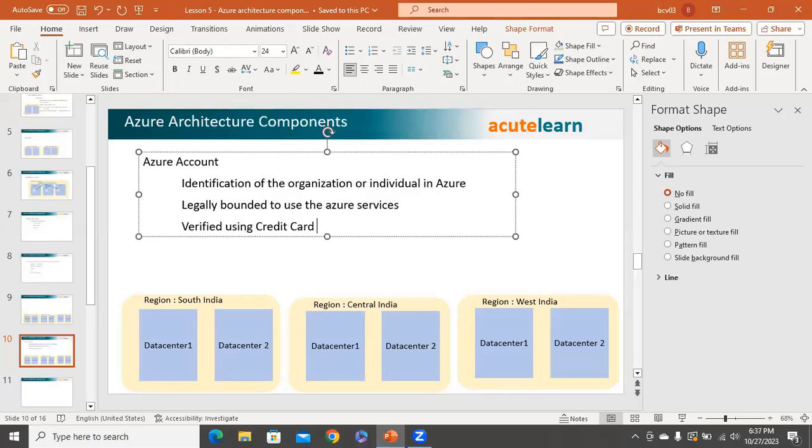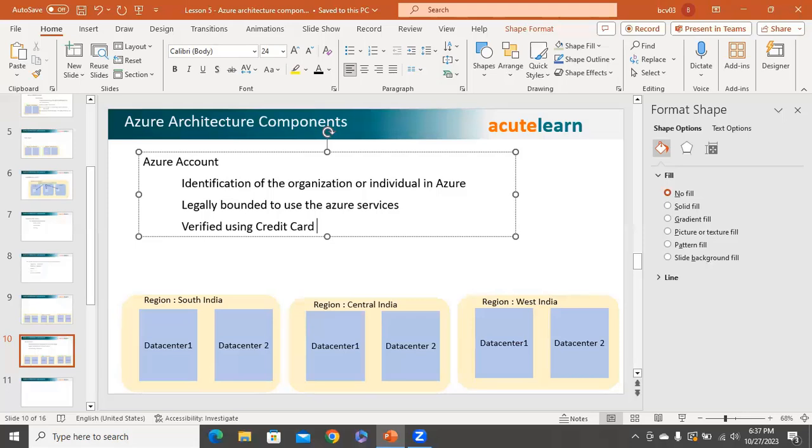Sometimes Microsoft doesn't provide you access immediately to Azure. If they find some kind of malpractice based on their security measures, someone from Microsoft will call us saying, hey, have you created an account in Azure, and for what purpose?